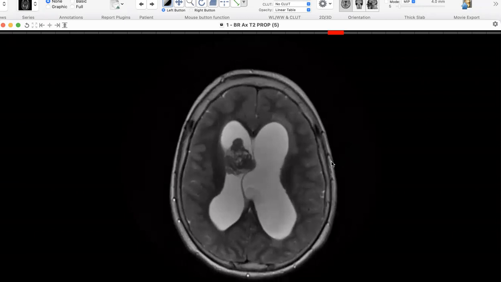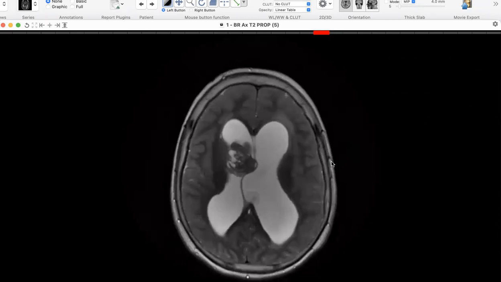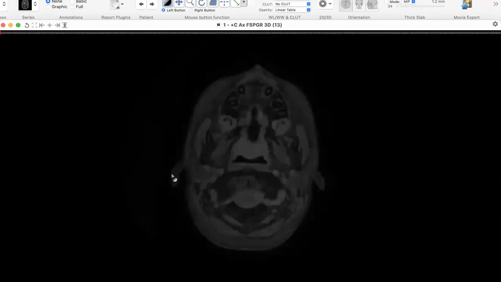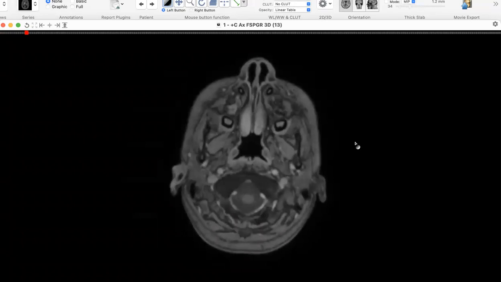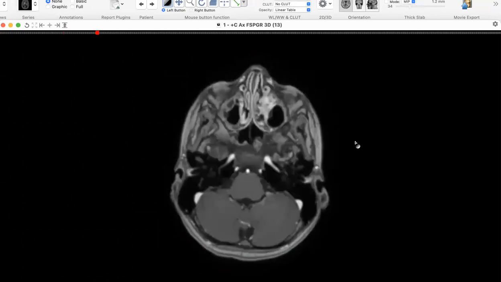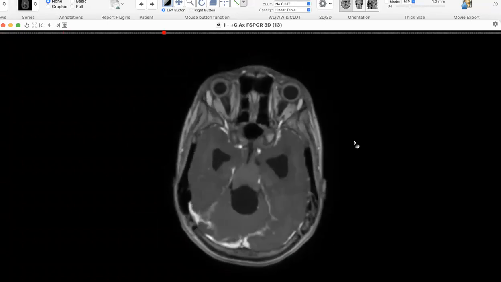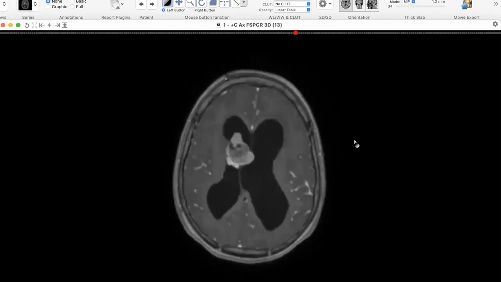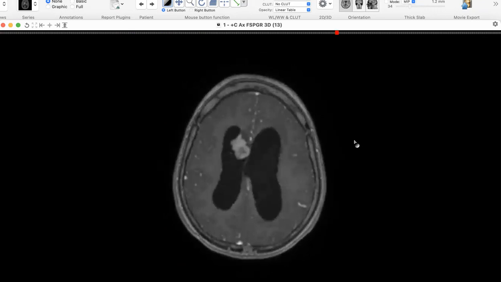I need to review the rest of the sequences, including the contrast enhanced images. I'll just scroll because there's a thin section. Yeah, might not scroll well. So the mass is heterogeneously enhancing.